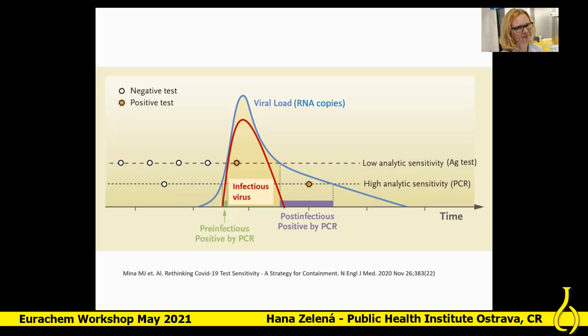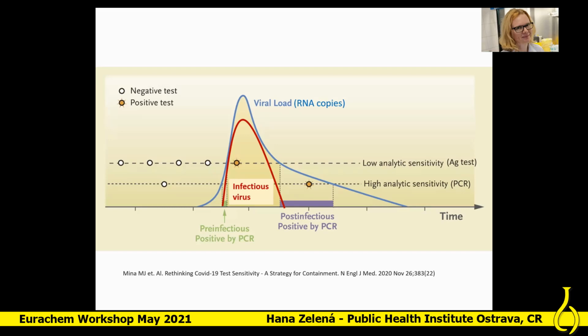But when you use highly sensitive PCR, you can have positivity before, but also sometimes very long after the infection ends. And when you use a very highly sensitive method, which is PCR, you almost always detect the infectious person, but you also very often have positive results even when the patient is not infected anymore.